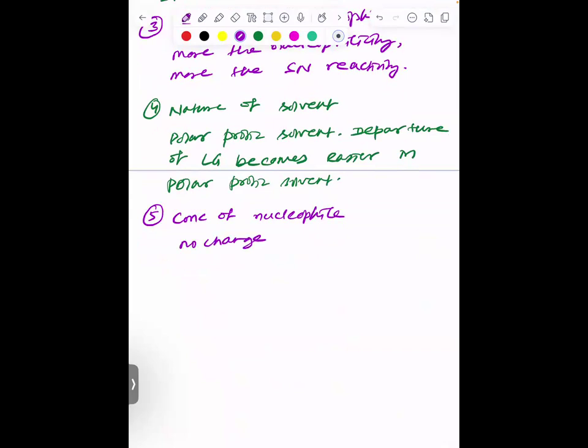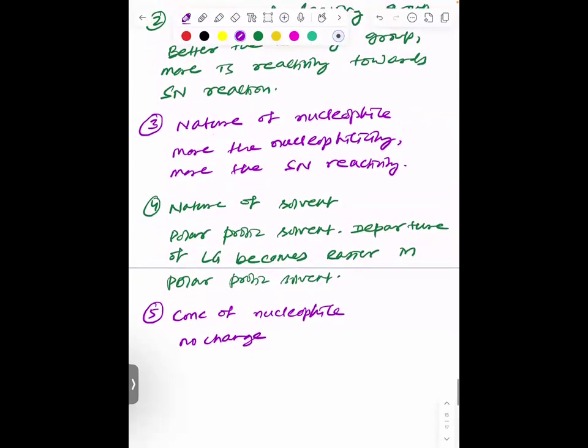Explain and write: there is no change in the rate of the reaction by changing the concentration of the nucleophile, as the nucleophile is not present in the slow step. Okay, up to this clear?